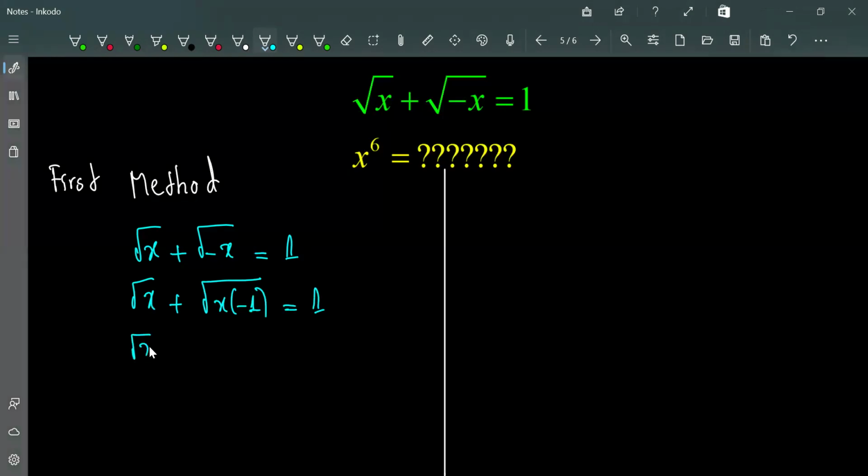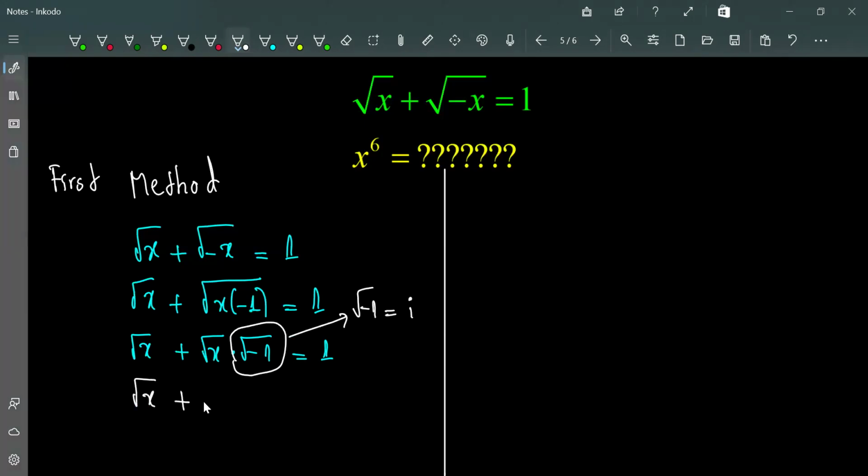Then we can write the square root of x times the square root of negative 1 equal to 1. In complex numbers, we know that the square root of negative 1 is equal to i. So right now we can replace the square root of negative 1 with i, and write square root of x plus square root of x times i equal to 1.